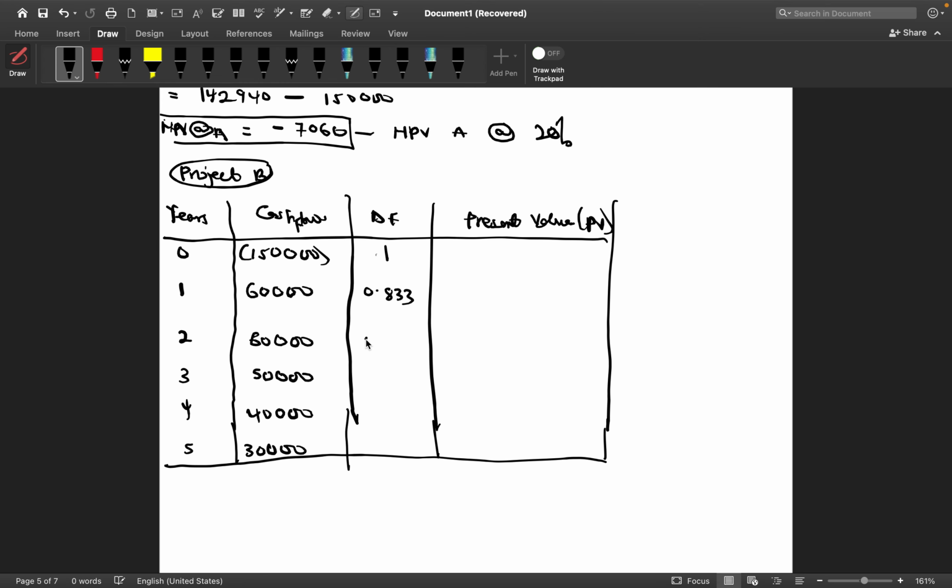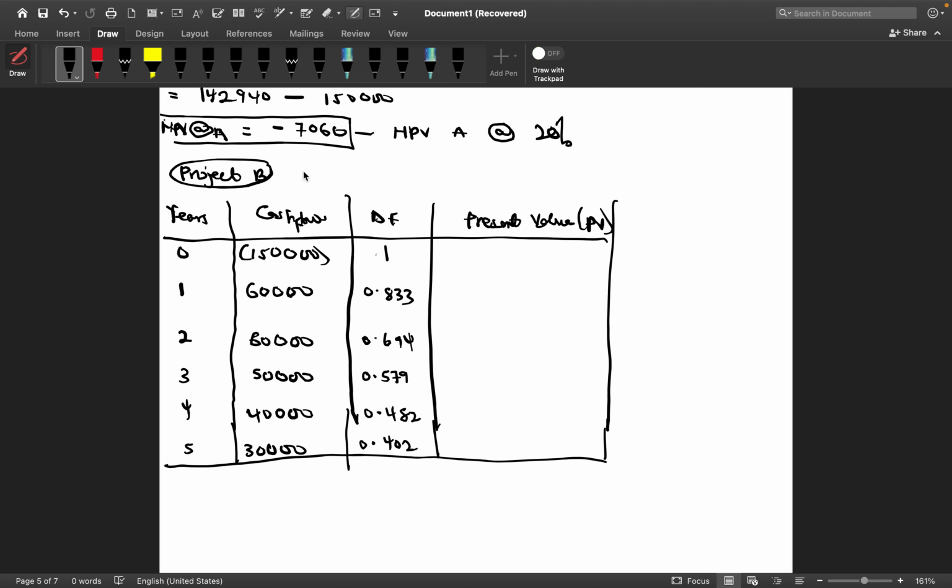This one was 0.694. Okay, so I'm done with the discount factor column.